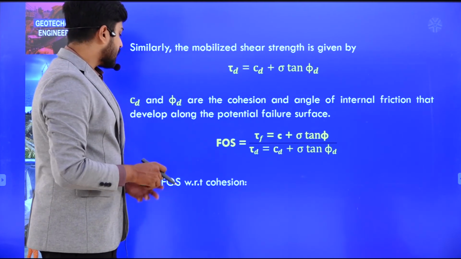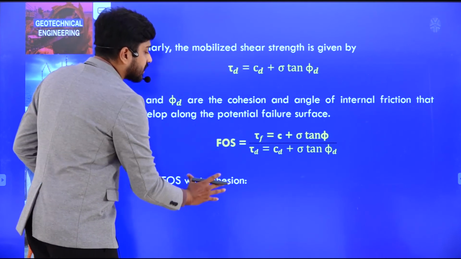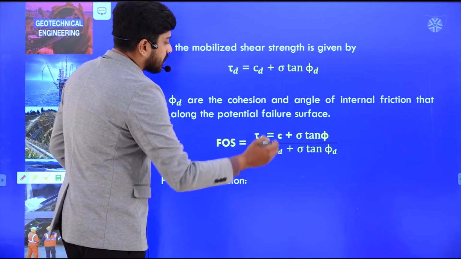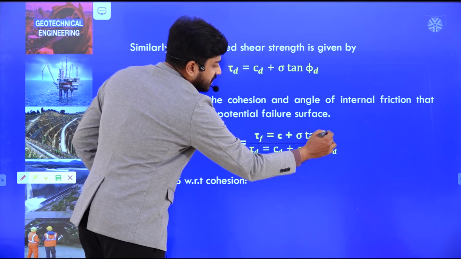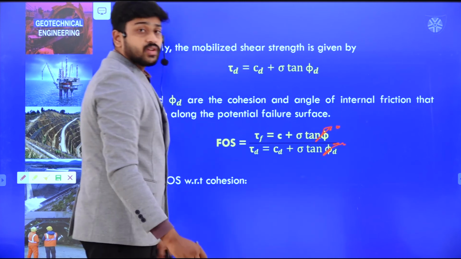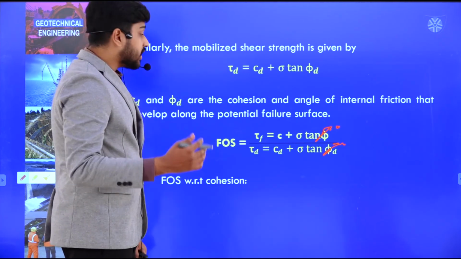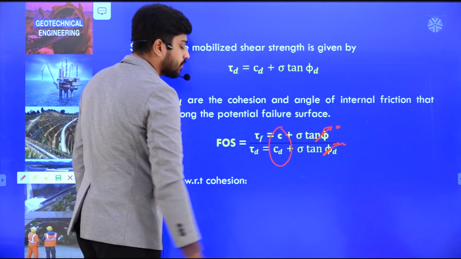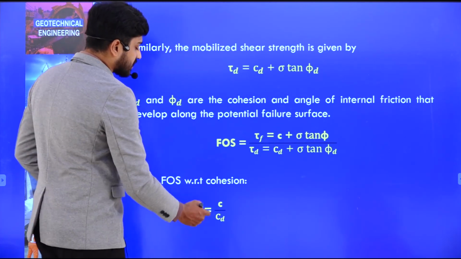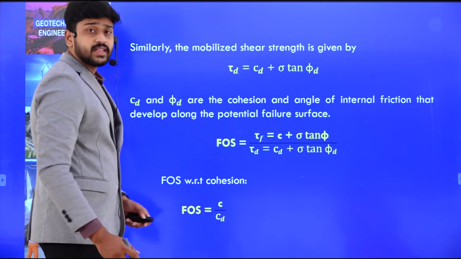If we want to represent this in terms of cohesion alone, imagine phi is 0 and phi d is 0. Then I can represent this only in terms of cohesion, simply as F s equals C by C d.